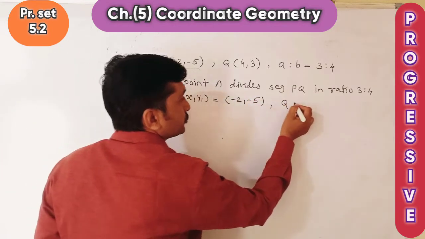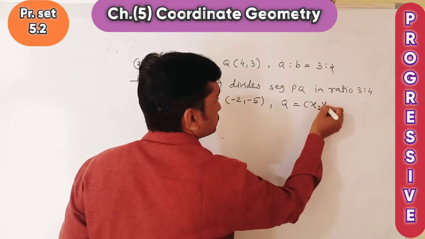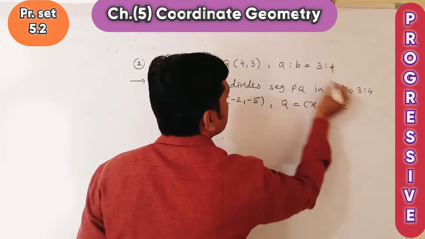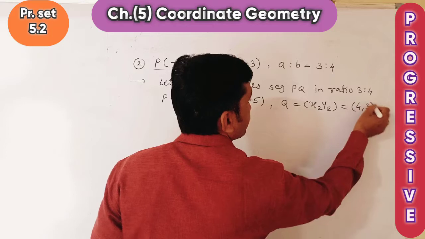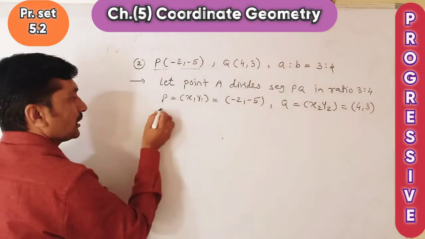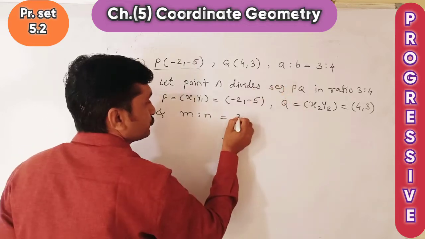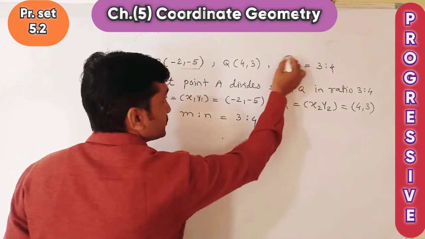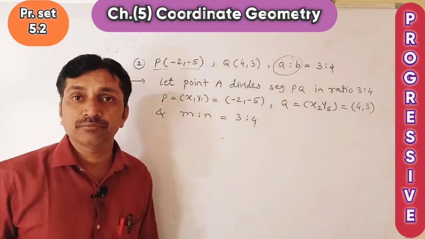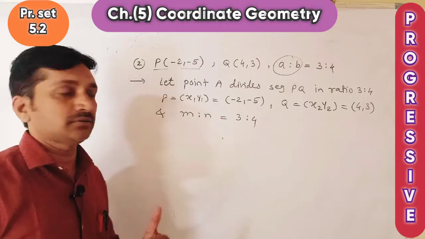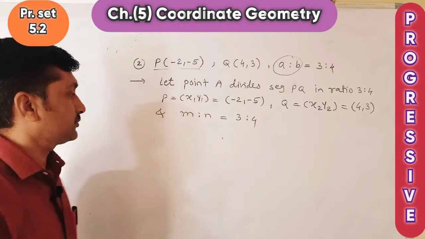Here at Q, Q is equal to x2 y2. Coordinates are 4, 3. And m is to n means ratio. The ratio is 3:4. Here the ratio is given in the form of A is to B, but in the formula we have m and n. That's why we are writing m is to n.